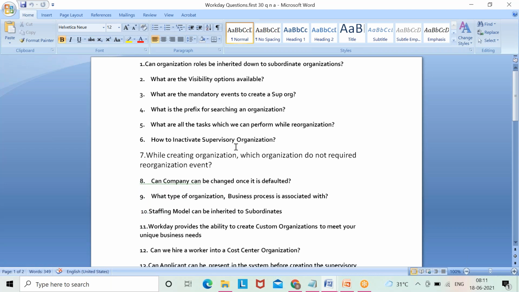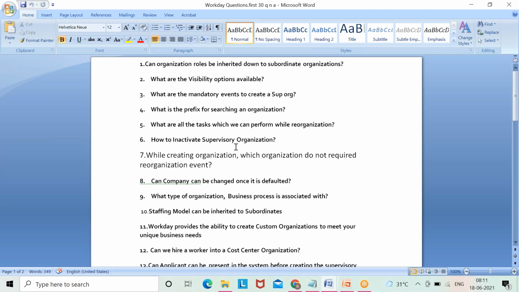So the options are: everyone, role assignees, role assignees and members, and role assignees of superiors and current organization.